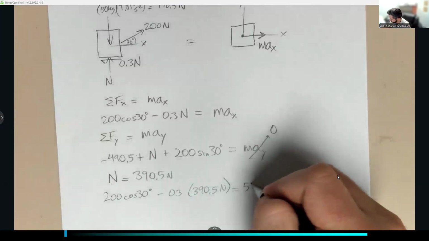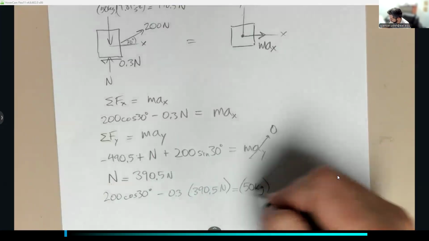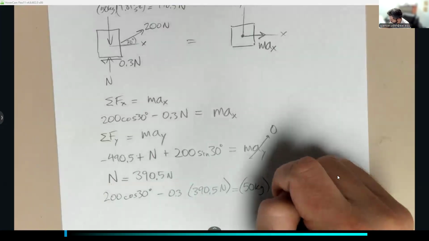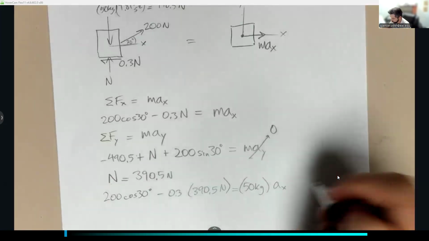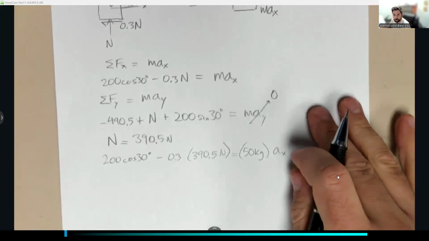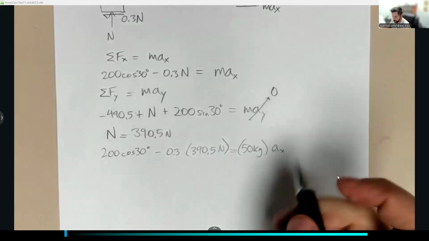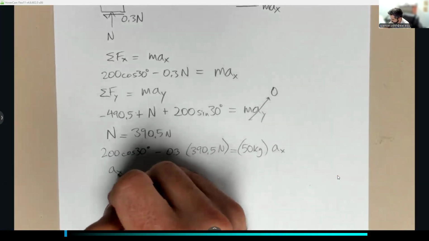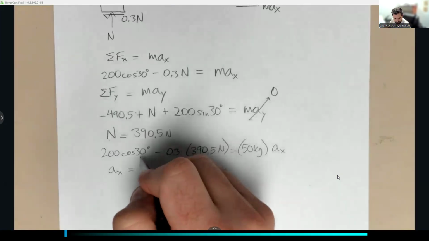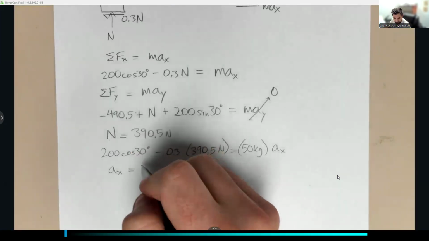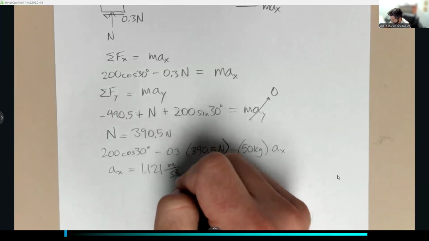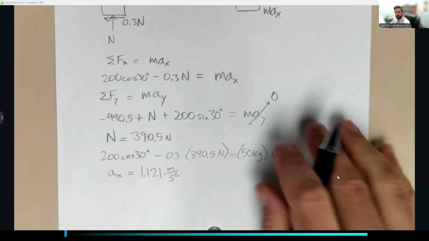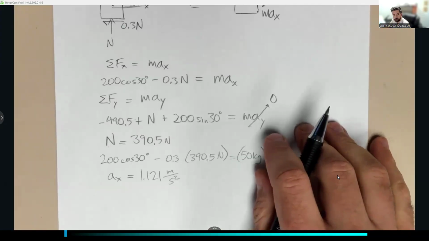No, 50 kilograms for the mass, times acceleration x. And with that, we can solve for ax. Ax will come out to be 1.121 meters per second squared. Not quite our answer, but that is very close.